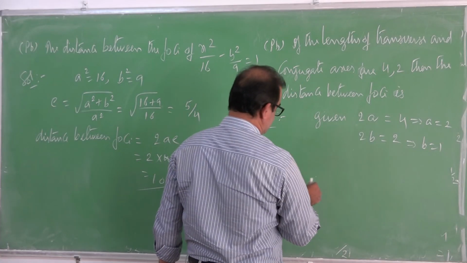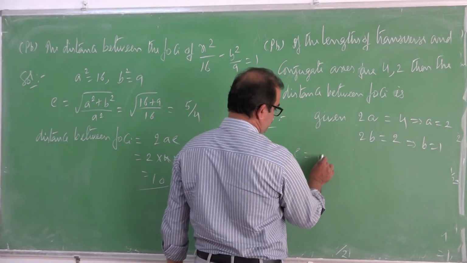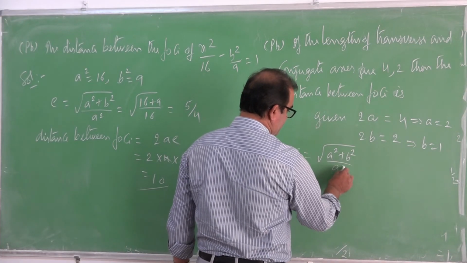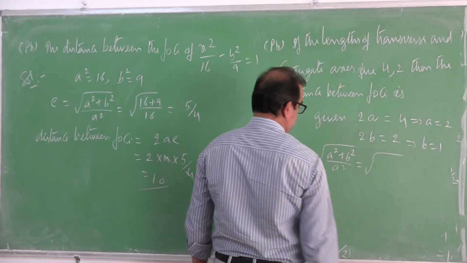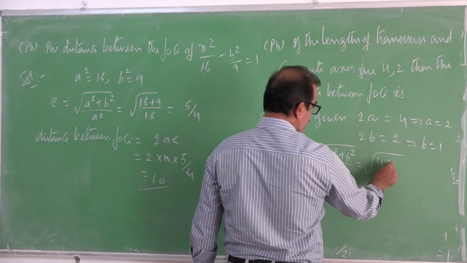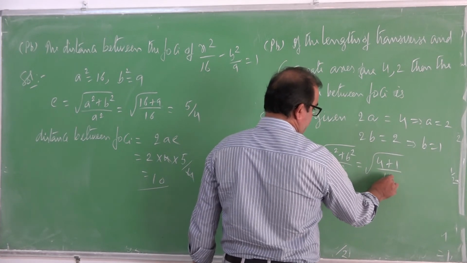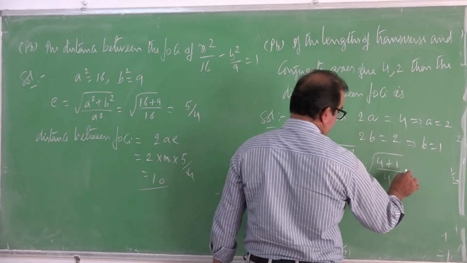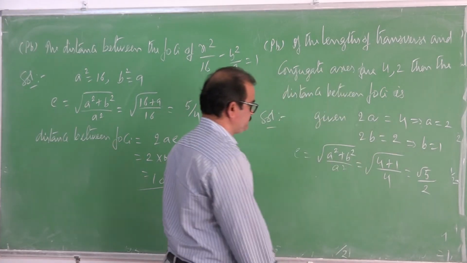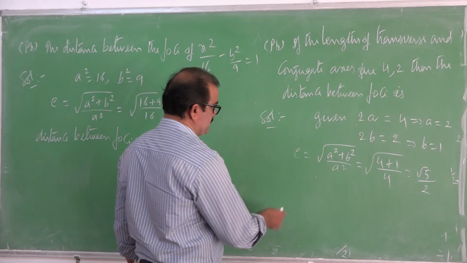First find eccentricity. e is equal to root of a square plus b square by a square. a is 2, a square 4, plus 1 by 4, 5 by 4 or root 5 by 2.